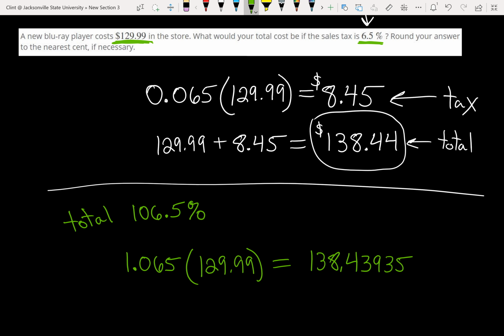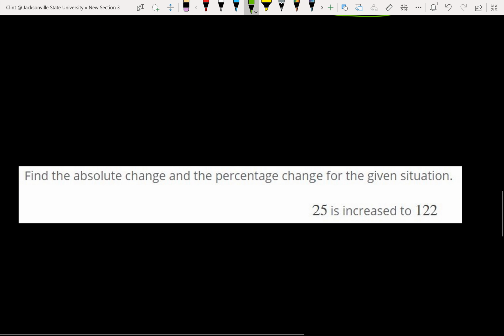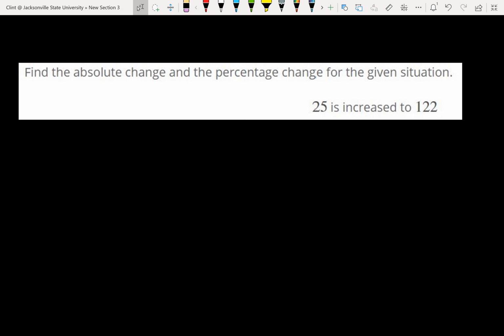Okay, and when we round, we get $138.44. The same thing. And so you can do these either way. If you got one way that makes more sense to you, do them that way. It doesn't matter which way you do them.